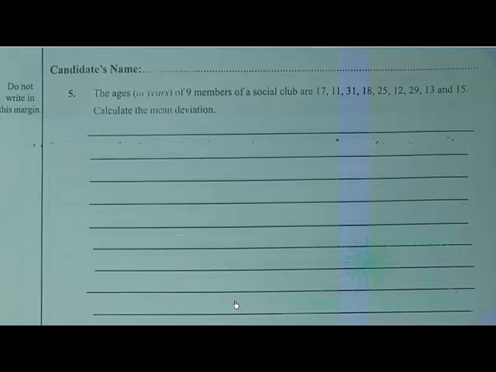So we get the mean. Let's have the x values on one side, the age in years, and then we have the deviations over here.